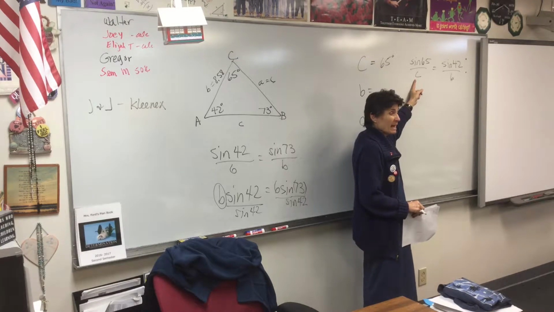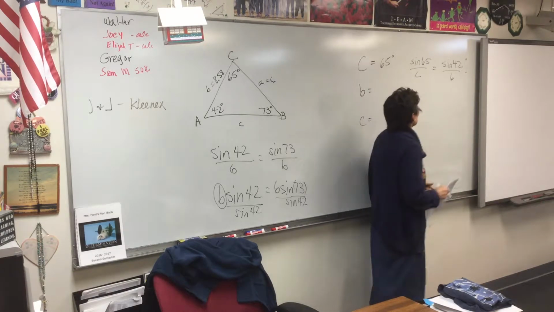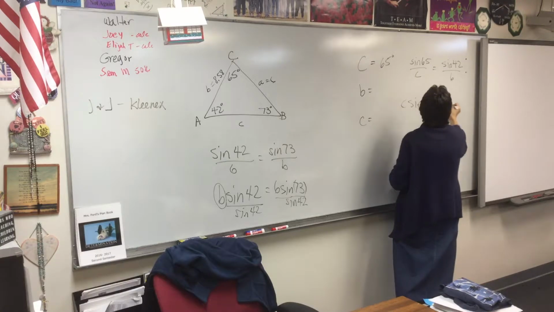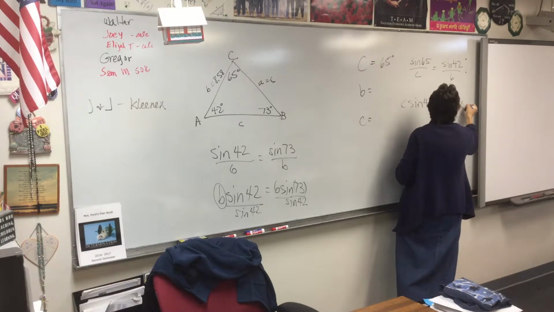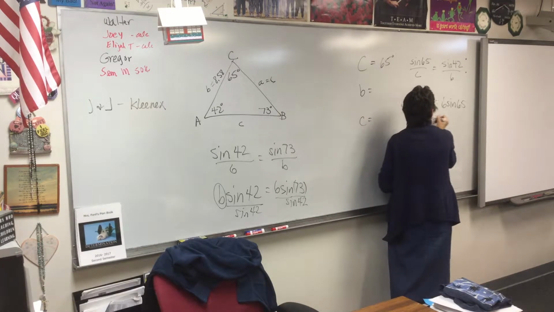And why are we using the A pair twice? Because that's the pair that was given. There's no round off error in it. It was given. All right, so cross multiply, C sine 42 equals 6 sine 65. Divide by sine 42.